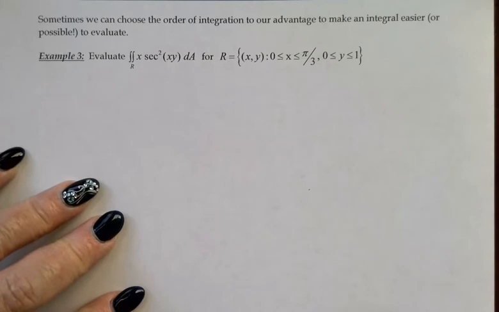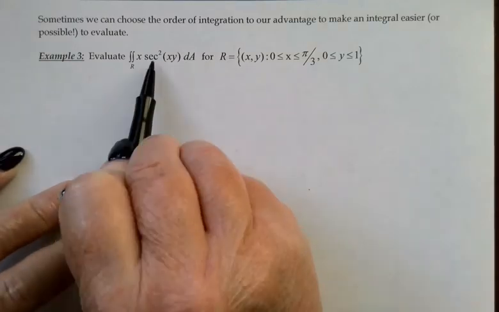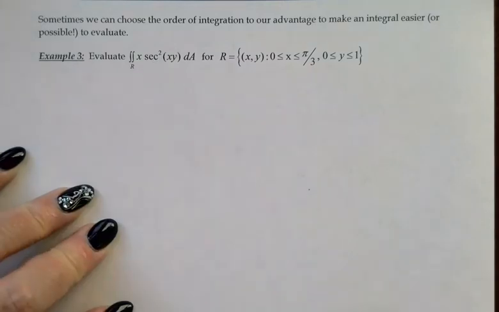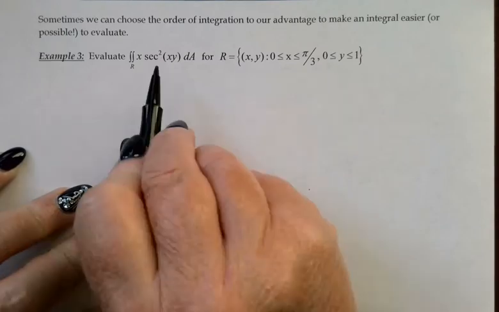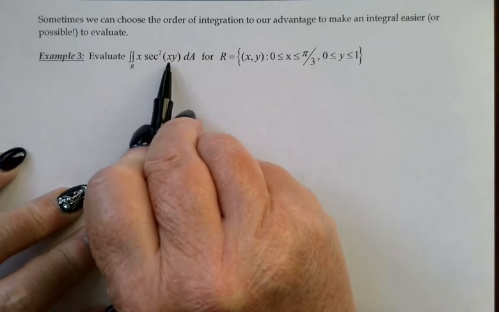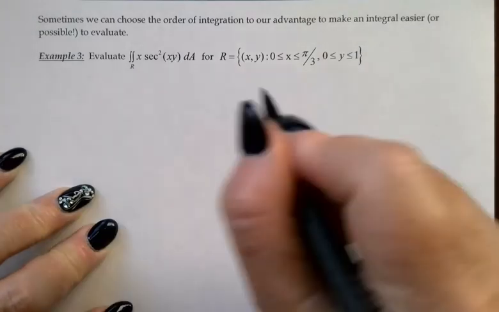I get to choose. So, as I'm thinking about this, I know that I have a way of integrating the secant squared function, right? The integral of secant squared of something is tangent. So that part's not going to be too bad. But since I don't just have a simple single variable inside the secant squared, I'm going to need to use a U substitution. Let's let u equal xy.